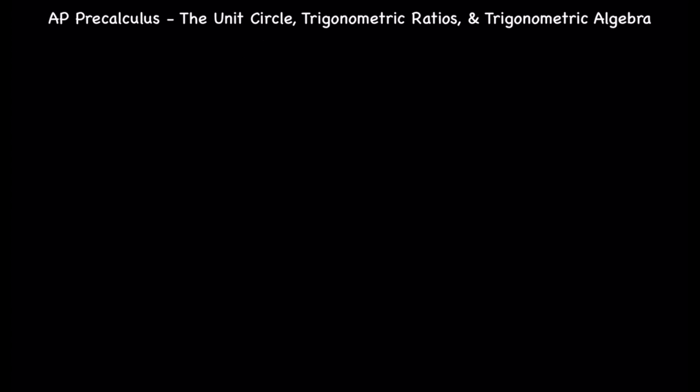So the most basic trig ratios we have right now are sine and cosine. When we have sine theta, we're basically referring to the y-coordinate. Cosine theta, we are referring to the x-coordinate. Simple enough.